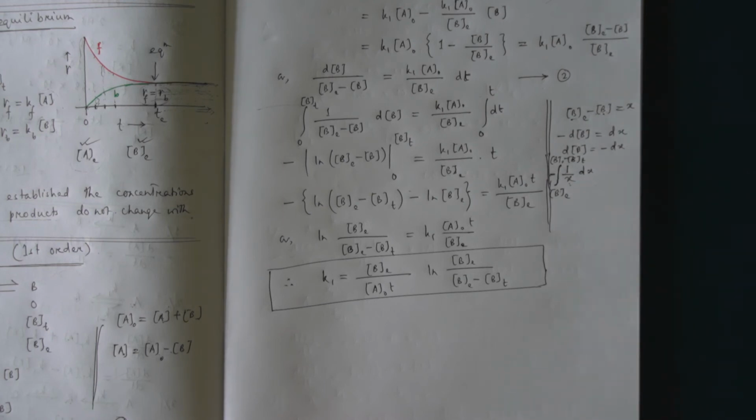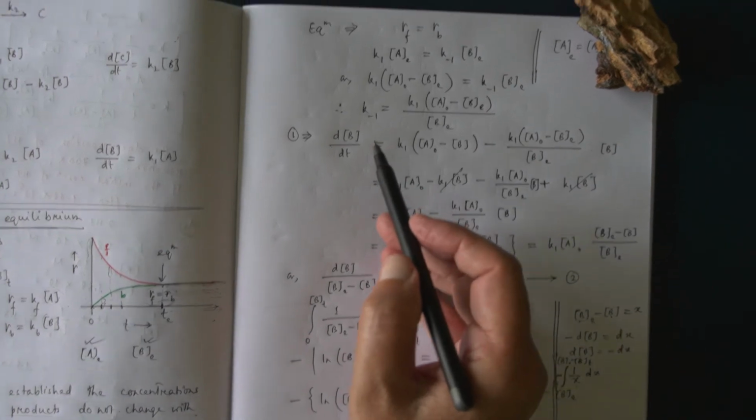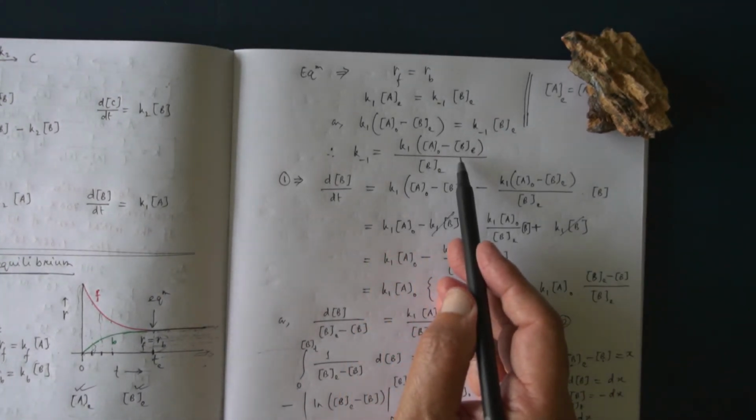Then we can find the expression for the rate constant of the backward direction also, because what is k minus 1? k minus 1 equal to this.